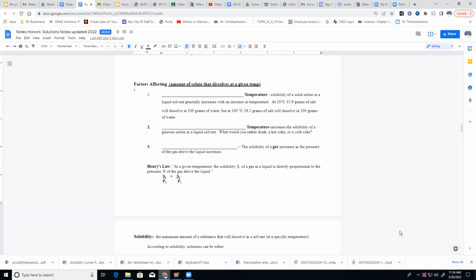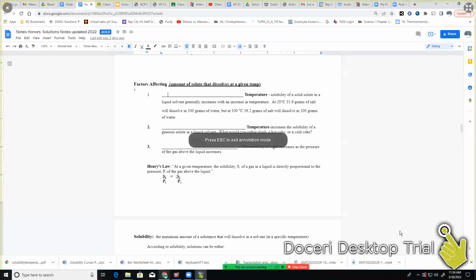All right. So yesterday we talked a little bit about factors that affect the rate of dissociation, or the rate that something goes into solution. And today we're going to talk about how much goes into solution. So some of the factors that affect that are temperature.